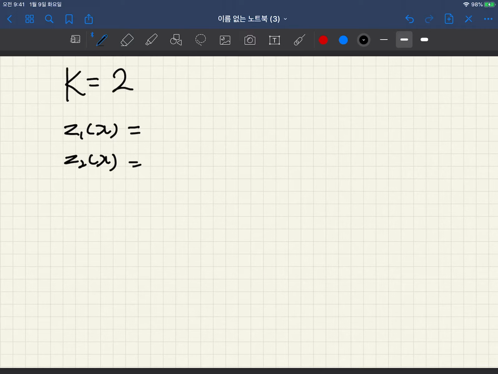And with one single input variable, we just need to define a linear function for each score function with two coefficients each, like beta 1 0 plus beta 1 1 x for the first score, and beta 2 0 plus beta 2 1 x for the second score.